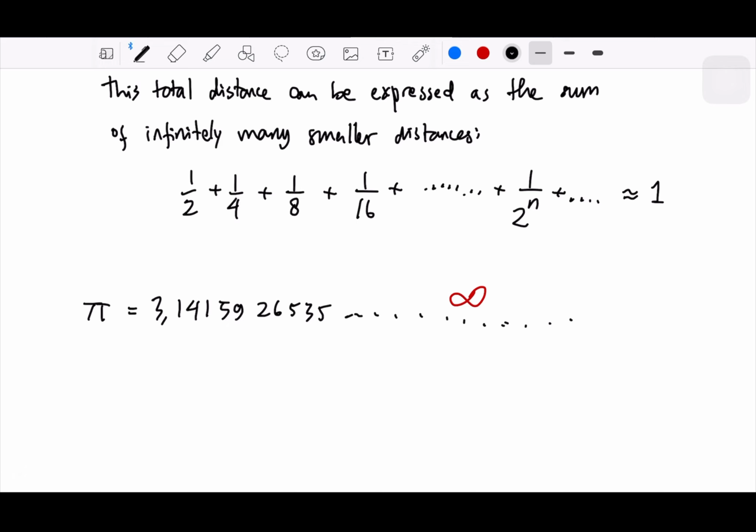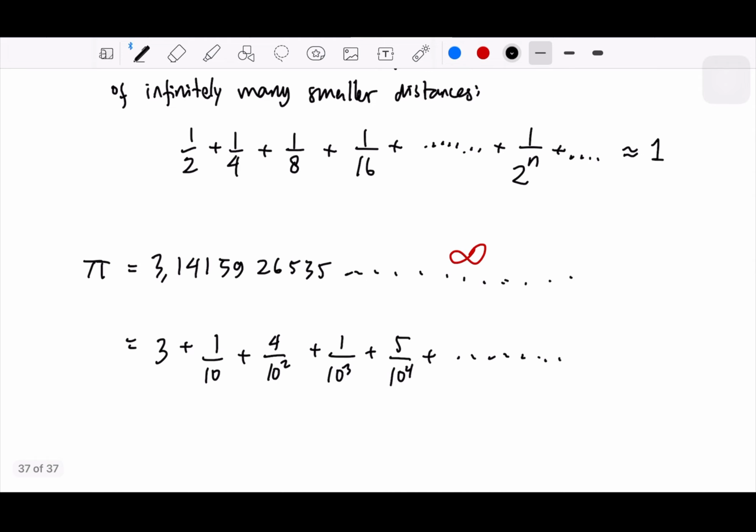This symbol, or this pi, we can also write in terms of a sum. It's because we already know the definition that these numbers will be pi. If we add more and more numbers, the total amount will get closer to pi.